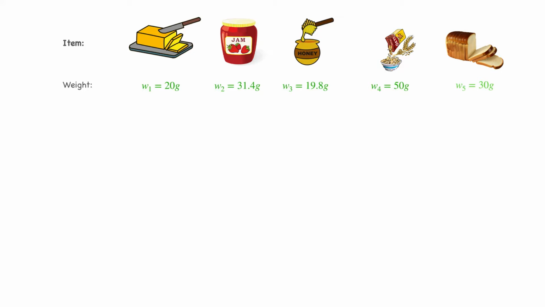Each item has a price, but let us assume that in a supermarket on each item there is a discount, and that can be considered as price saved. So you save 40 on butter, you save 30 on bread. These are P1, P2 and so on, P5, the price saved.